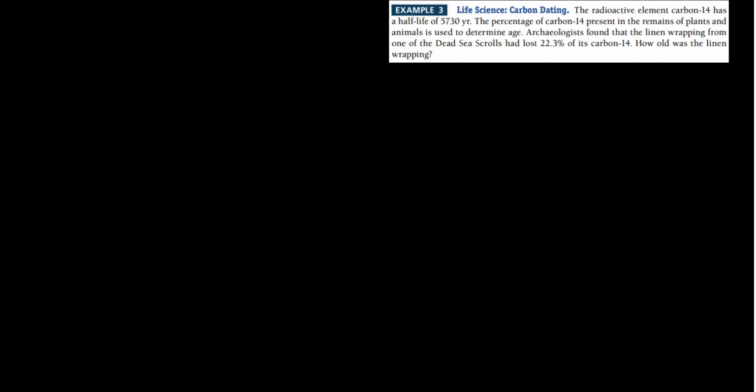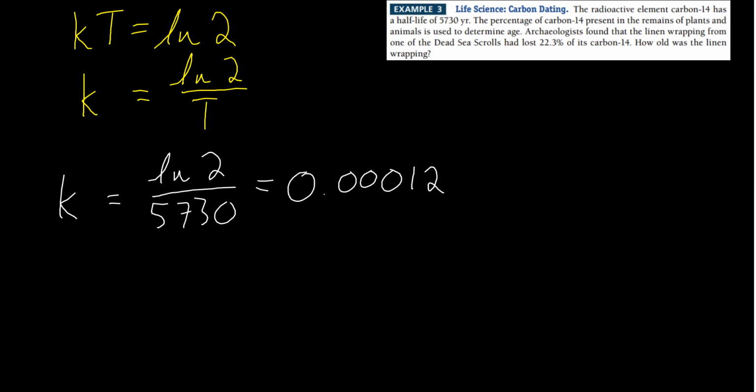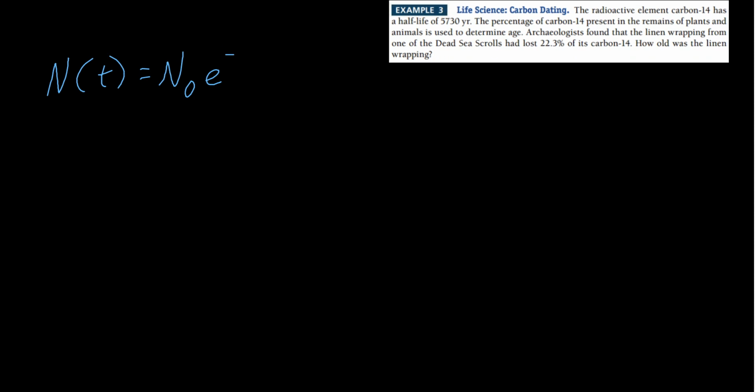So my equation is going to be N of t equal to some N naught times e to the negative kt, where k was 0.00012. So this is my equation.